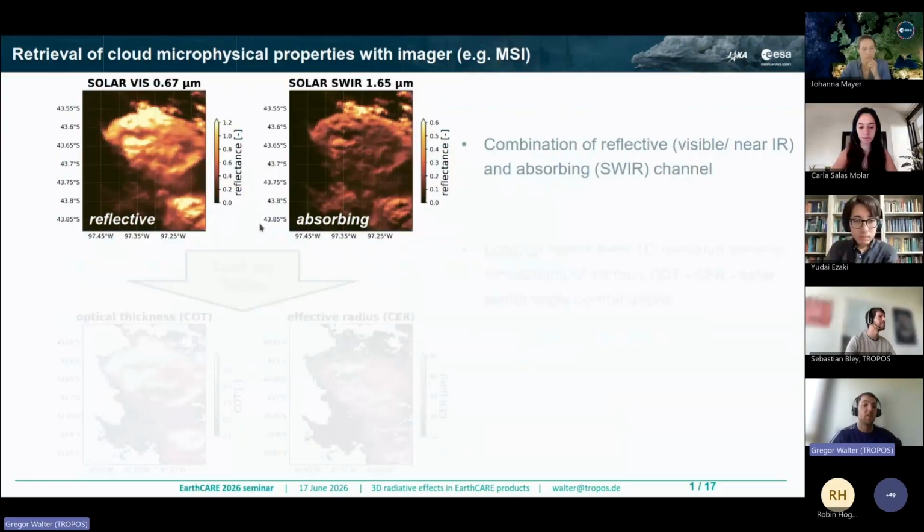Those are usually a visible channel and a short-wave infrared channel. The visible channel is more reflective and the short-wave infrared channel is more absorbing, as we can see. And also the scale is here on half of the absorbing channel. So yeah, much darker compared to the visible.